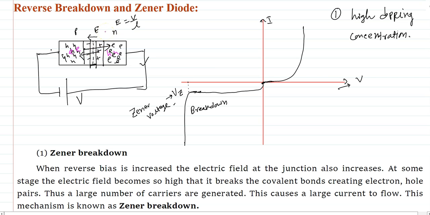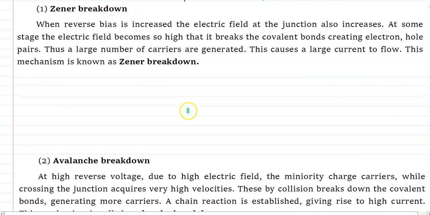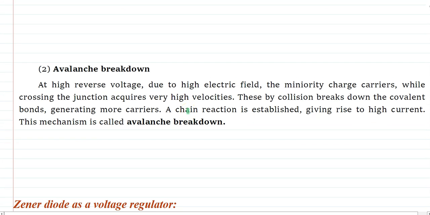This electron hole pair is again accelerated by the very high electric field, and they collide with other bonds and produce more electron hole pairs. This phenomenon is like a chain reaction, and a large number of electrons and holes are created. Then we get a large breakdown, meaning reverse bias current.